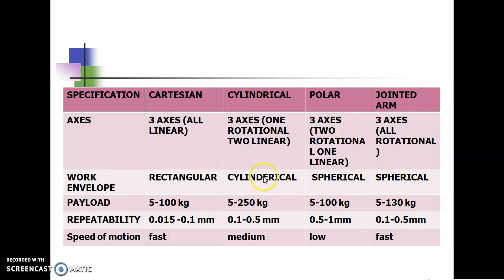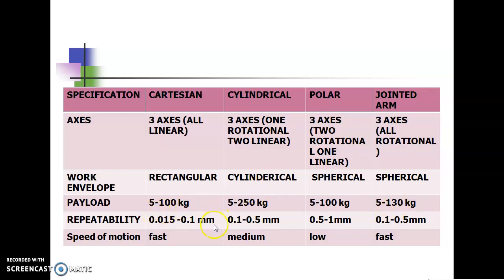Cylindrical is larger than the Cartesian, polar is larger than cylindrical, and jointed arm is better than polar. And payload capacity, you can see in most it is 5 to 100 kg, 5 to 250 kg. Again the polar, the load carrying capacity gets reduced, it's 5 to 100 kg. And in jointed arm it is a little bit more, 5 to 130 kg.